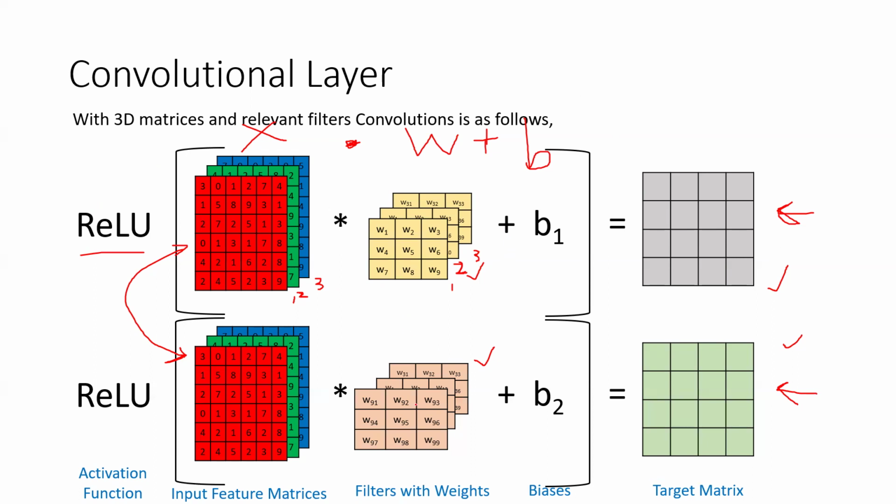When you have more and more filters, you can get more and more output matrices. You can make the convolutional layer arbitrarily larger by simply changing the number of filters. If you want to capture more information, you can increase the number of filters.